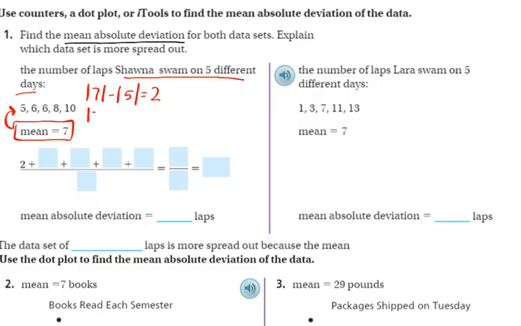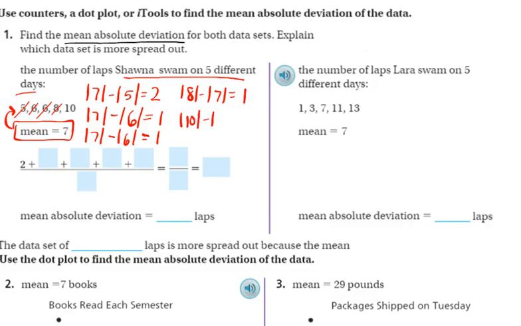The absolute value of 7 minus the absolute value of 6 equals 1. We've used the 5 and the 6. Absolute value of 7 minus the absolute value of 6 equals 1 again. Now 8 and 10 are bigger than 7, so I'm going to start with those. The absolute value of 8 minus the absolute value of 7 gives me a 1. And the absolute value of 10 minus the absolute value of 7, 10 minus 7, equals 3.